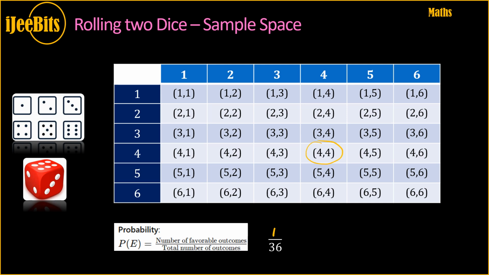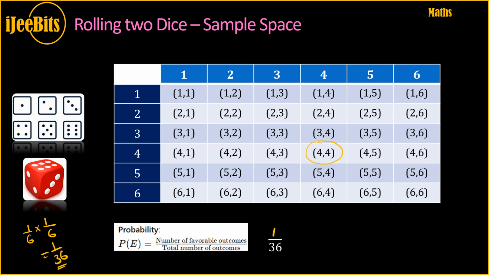We can do this with different math also. Let's say you have two dice. Getting 4 when you roll one die is 1 by 6. For the second die, getting 4, what is the probability? 1 by 6. 1 by 6 multiplied by 1 by 6 is nothing but 1 by 36.